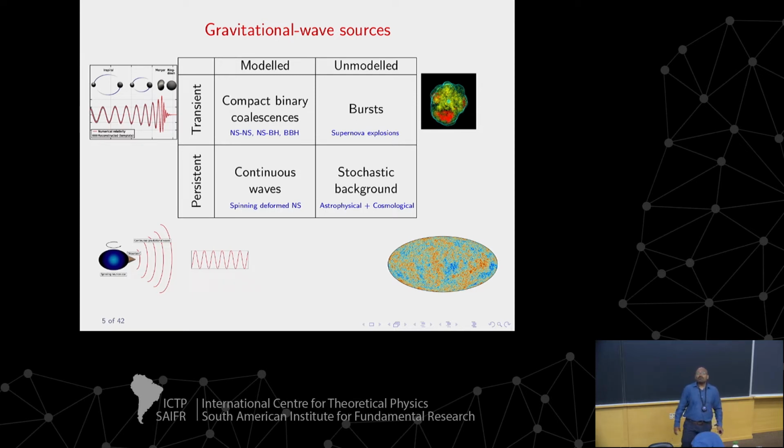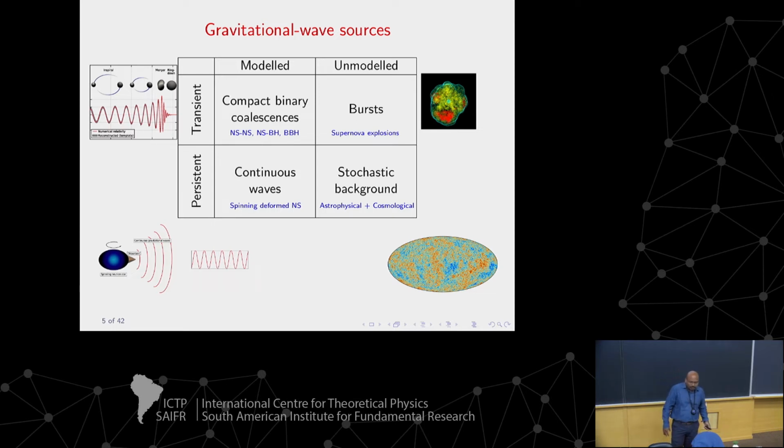And moreover, we also expect to see a stochastic gravitational background. A part of the stochastic gravitational background is expected to be cosmological, coming from the very early universe, but in the LIGO-Virgo band, it's expected to be drowned in an astrophysical background coming from the superposition of all other gravitational wave sources.